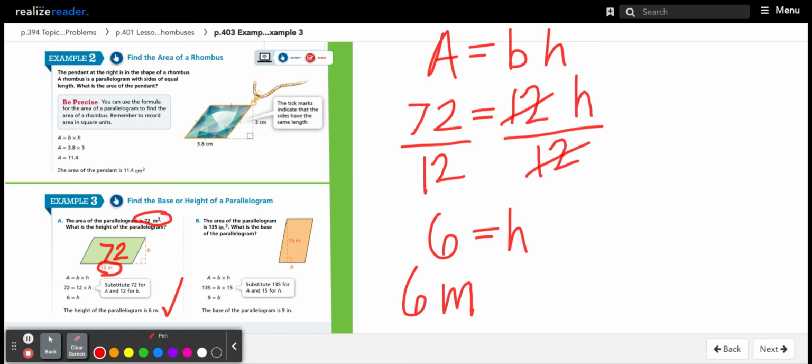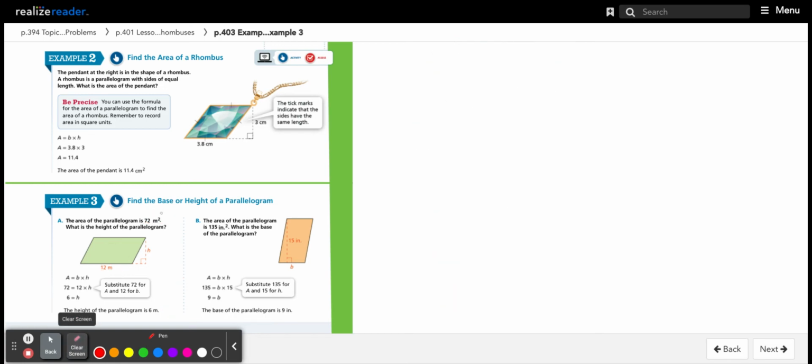Okay, let's try example B. Again, first step, write your formula. Area equals base times height. So they gave us the area and they gave us the height. So plug it in. The area is 135.